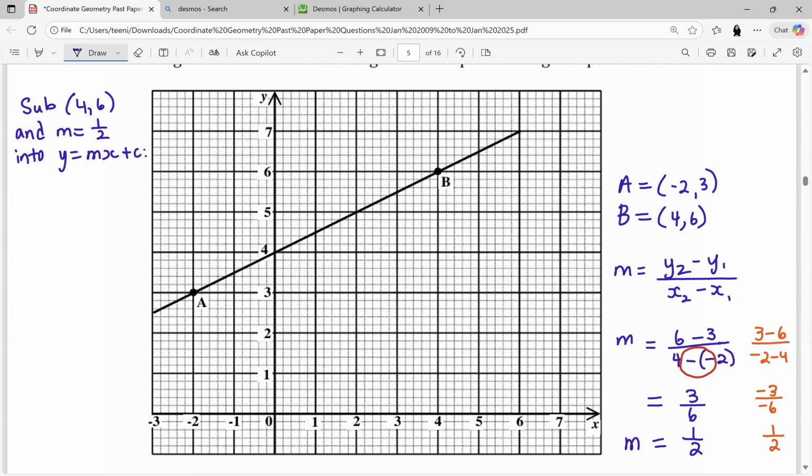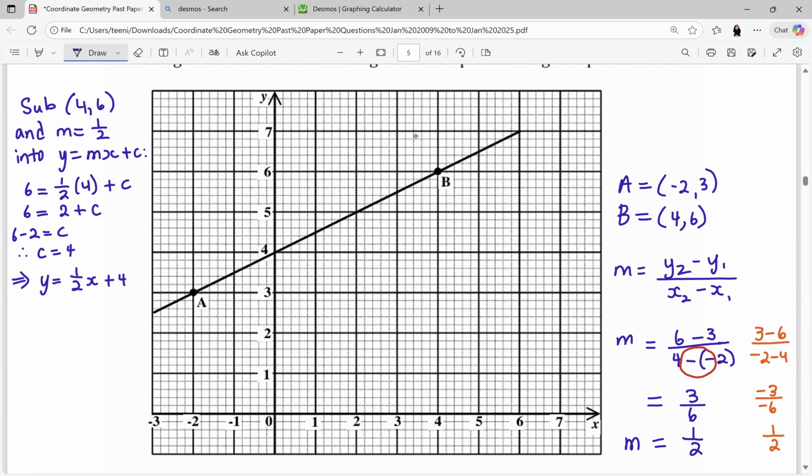Here y would be 6. 6 is equal to m, which is a half, times x, which is 4, plus c. So 6 is equal to a half of 4, which is 2, plus c. Therefore c is equal to 6 take away 2, so c is equal to 4. And therefore, the equation of the line would be y is equal to a half x plus 4.